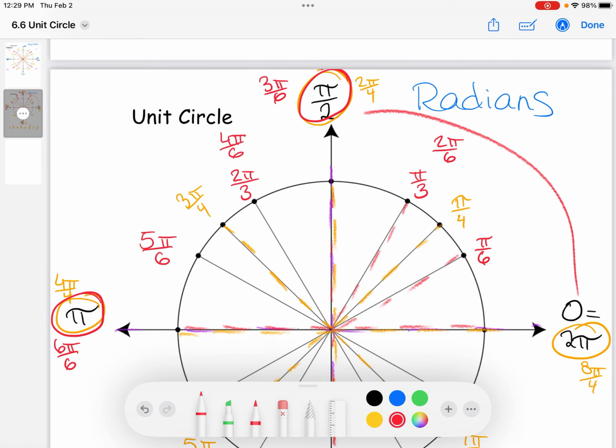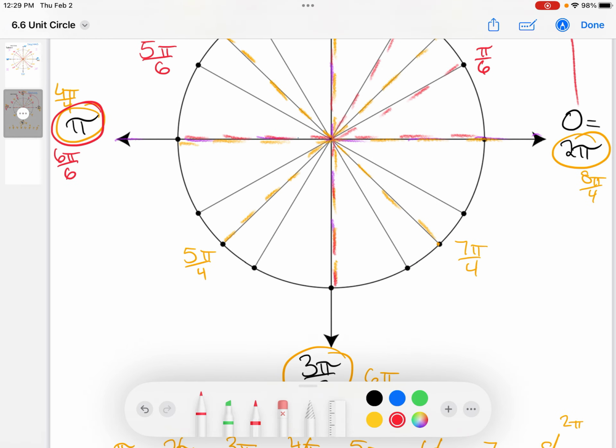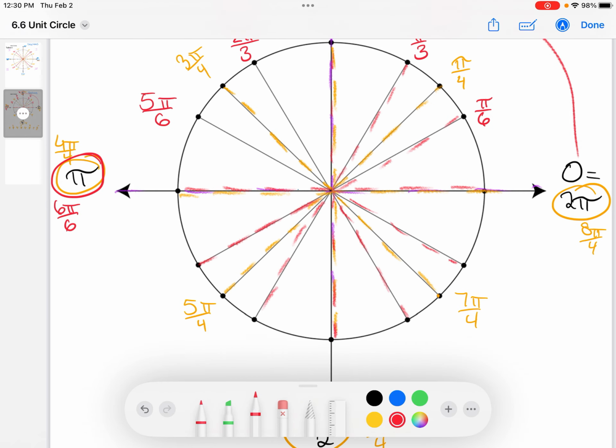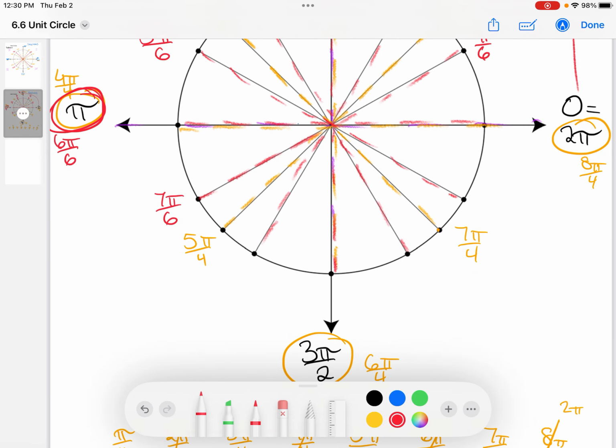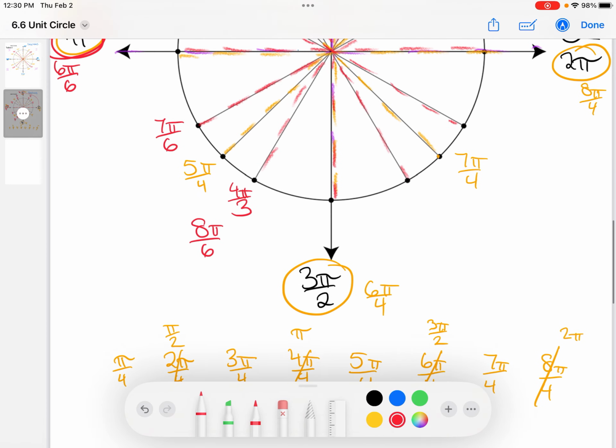Now, let's go to the bottom. We were at 6 pi over 6. Let me get all the colors on here. We start with 6 pi over 6, which reduced to pi. The next would be 7 pi over 6. Next would be 8 pi over 6, which is 4 pi over 3. Next is 9 pi over 6, which is 3 pi over 2.